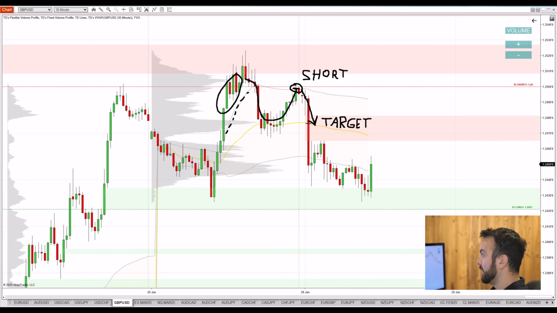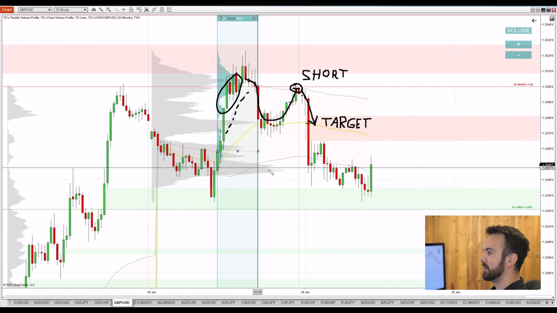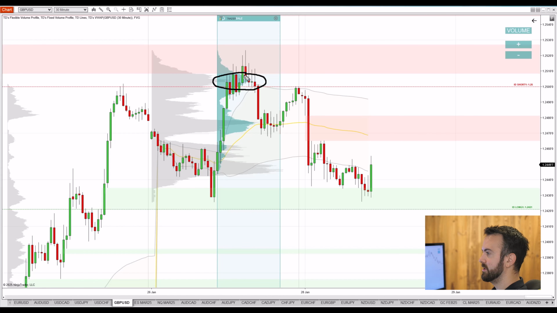Now, that one little extra thing here is adding a volume profile to this equation. Because if you look here, in this rotation, there were pretty massive volumes accumulated before this sell-off started. This is telling you sellers were active here, right? And this is the beginning of that heavy volume zone, right?